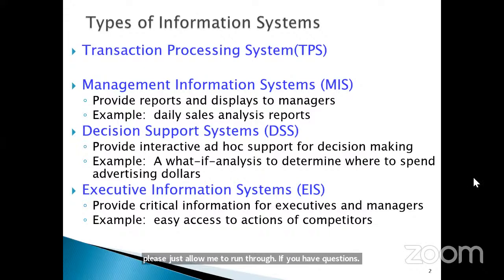Thank you. So we have the executive information system, which aims at providing critical information for executives and managers. An example is easy access to actions of competitors. So the management might want to make informed decisions.